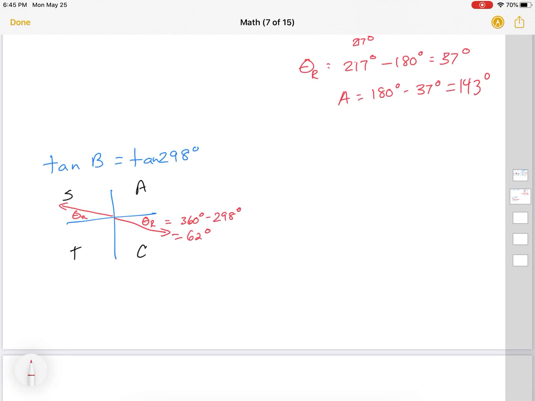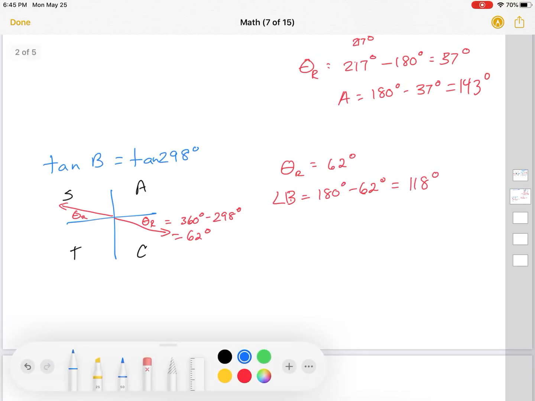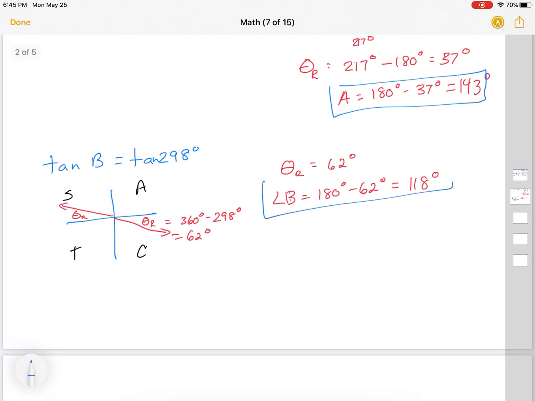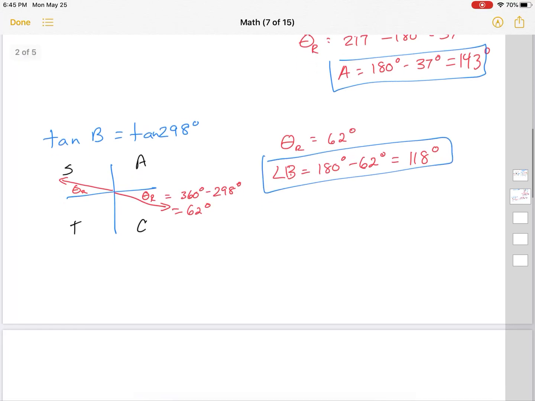So B is going to equal 180 minus 62 degrees, which is equal to 118 degrees. Okay, so far I have two of them, A and B.